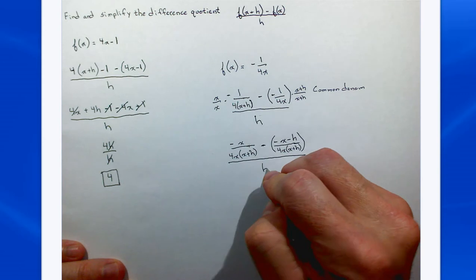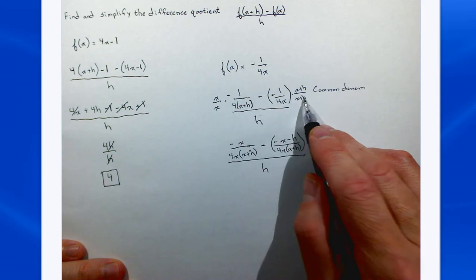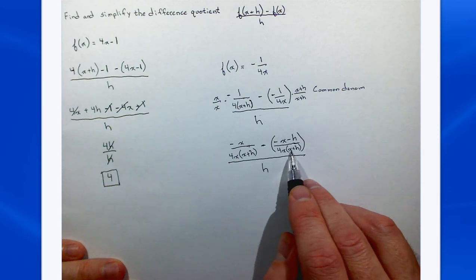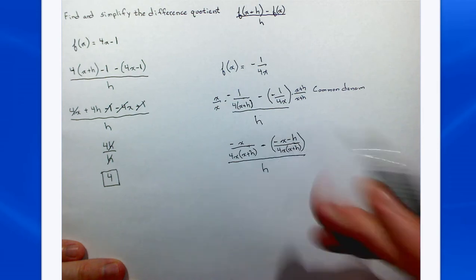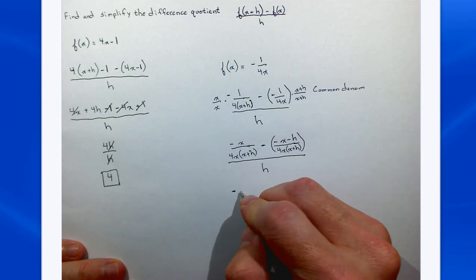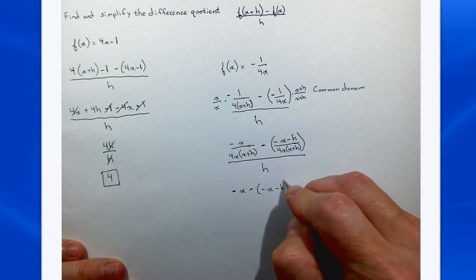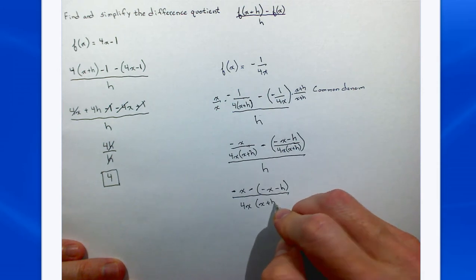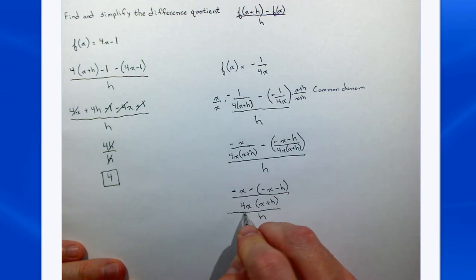Again, everything over h. 4x times x plus h, I'm going to keep it just like this because this was the whole goal, to get those the same. If I have a common denominator, then I can write my numerators together over my common denominator. So I have a negative x minus a negative x minus h, over 4x times x plus h, over h.